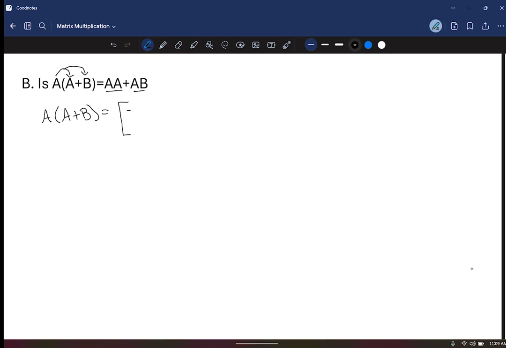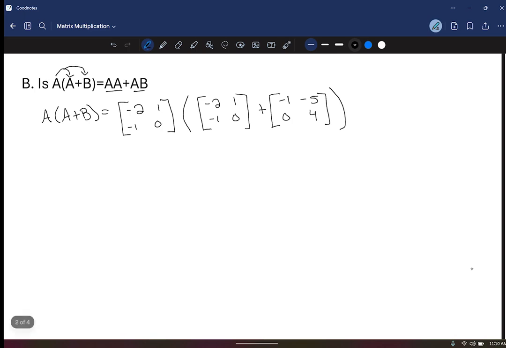So A is -2, 1, -1, 0, times A, which is -2, 1, -1, 0, plus B, which is -1, -5, 0, and 4. So you do your order of operations here, which means you're going to have to add the two things that are in the parentheses. So I'm going to add these two matrices together.